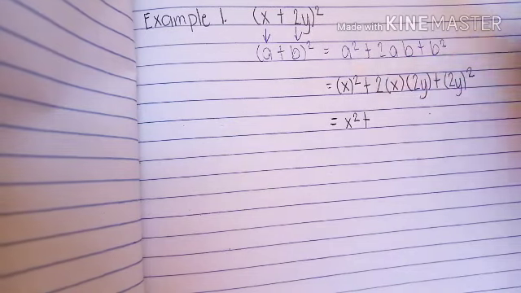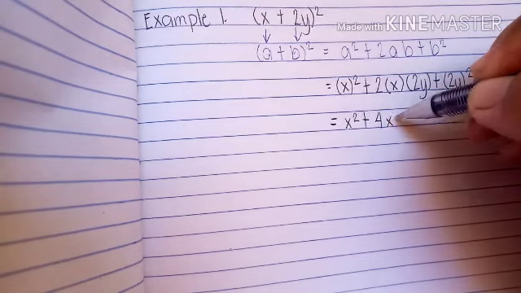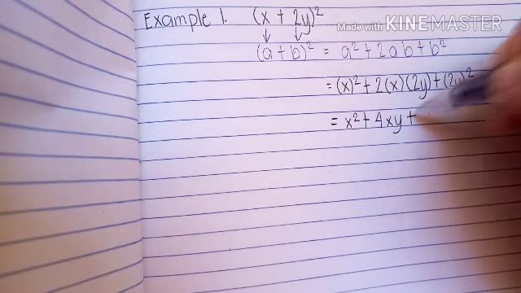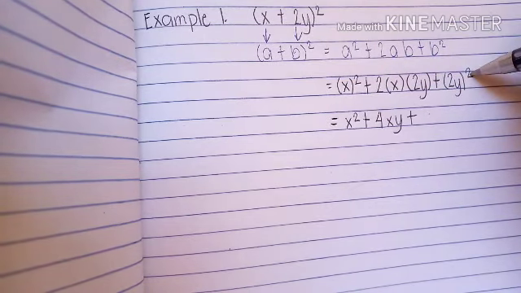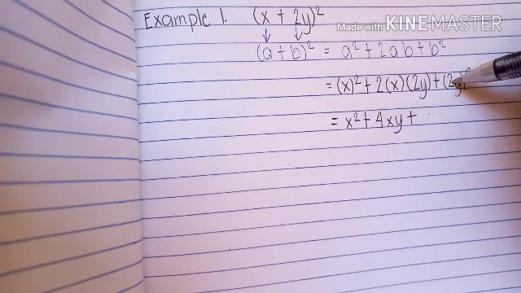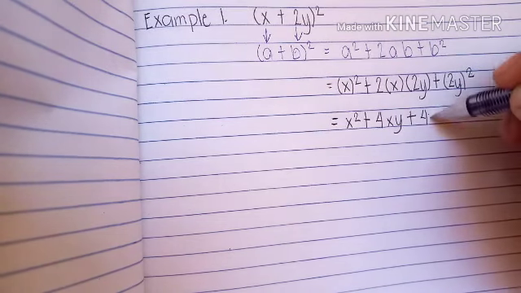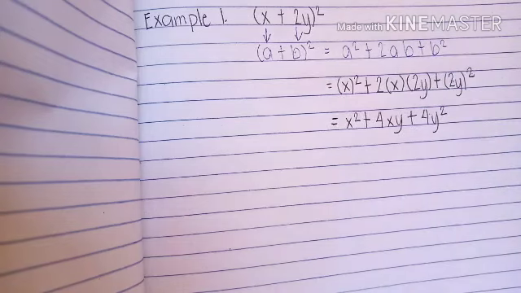So 2 times 2, that would be 4. x times y, that would be xy, plus we have your (2y) squared. The same with what we did here, we square the number first. So 2 squared is 4, and then y squared is, of course, y squared. So that would be our answer.